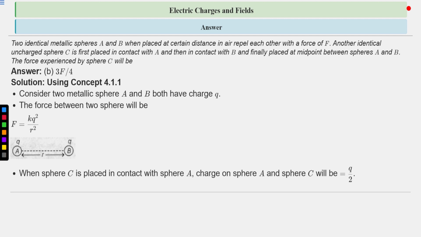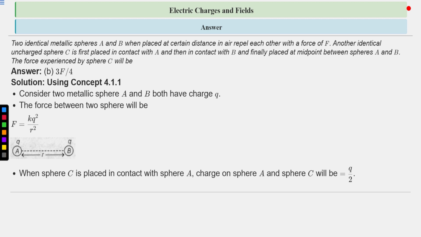Since it is uncharged and the other is charged with Q charge, half of the charge will get transferred. By which concept? The potential on both the spheres will become equal, and they are in contact and identical, and the radius of both is the same. So the charge should also be the same.